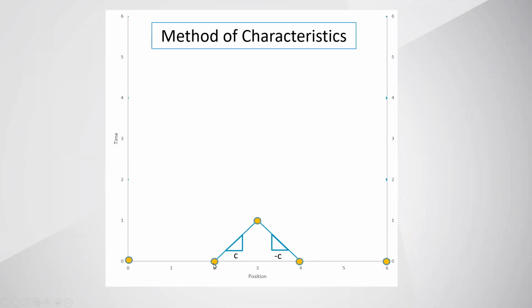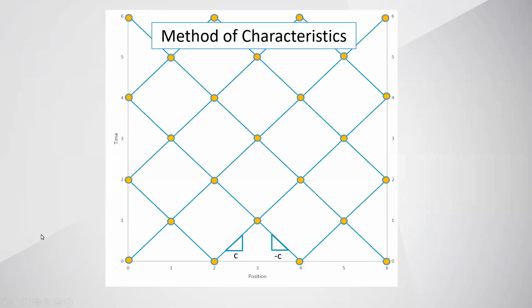If there was a disturbance of, say, 1 Pascal here and 1 Pascal here, they would propagate up in time, and where these two lines intersect at the slope of the speed of sound, we'd have a net change in pressure of 1 + 1, which equals 2 pascals. We can do that at different stations along the pipe, and once we have our second row, we can propagate that up into the future. That's basically what the method of characteristics is.